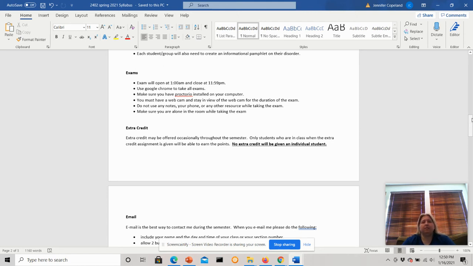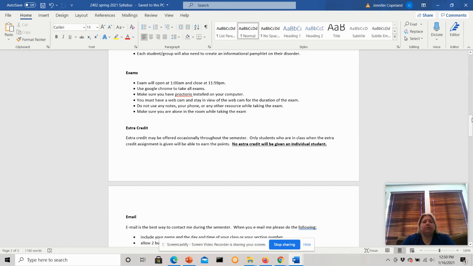Some people may not want to choose their disorder until later in the semester, but it's a one student, one disorder type situation, which just means that I can't have 5 people doing type 1 diabetes. Okay. And lots of people want to do diabetes and anemia. Those are 2 things that a lot of people want to do their project on.